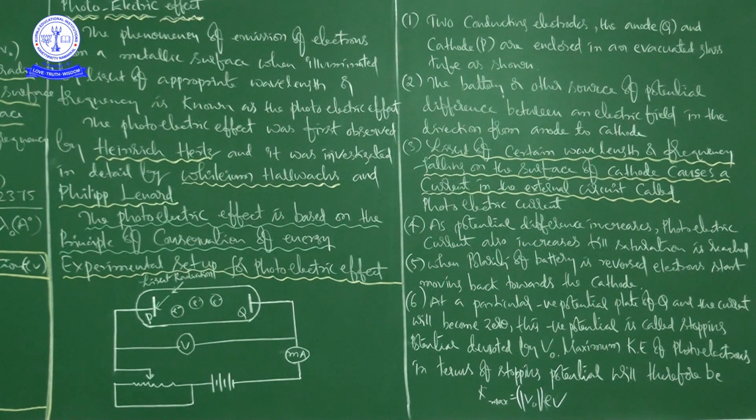Next, see the second point. Observe carefully, the battery or other source of potential difference. Here, this is the battery or any other source. The battery or other source of potential difference creates an electric field in between these two, in the direction from anode to cathode.